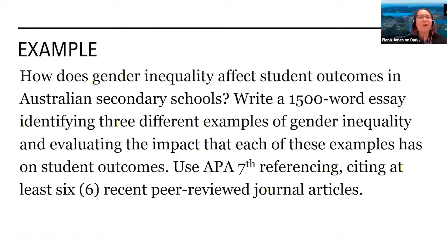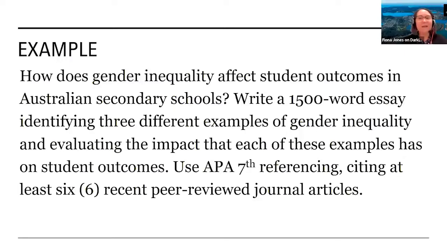Then we've got the content or the topic we're going to be writing on. So I can see some words in the question that tell me what our topic is. We've got gender inequality, student outcomes, and we're also talking about Australian secondary schools.